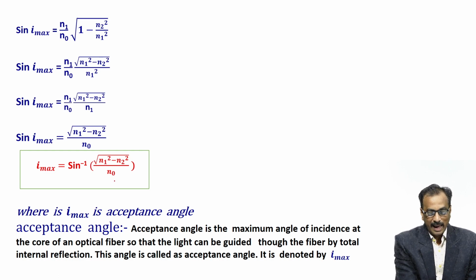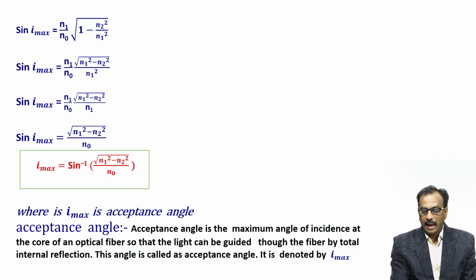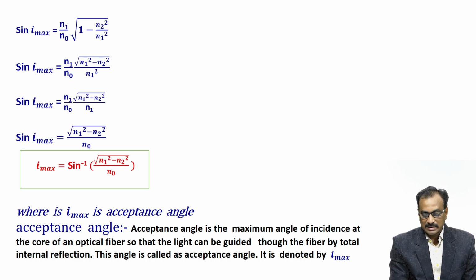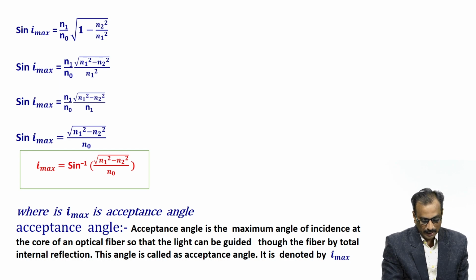Finally, the acceptance angle is the maximum angle of incidence at the core of an optical fiber so that the light ray can be guided through the fiber by total internal reflection. This angle is called the acceptance angle. It is denoted by i maximum.